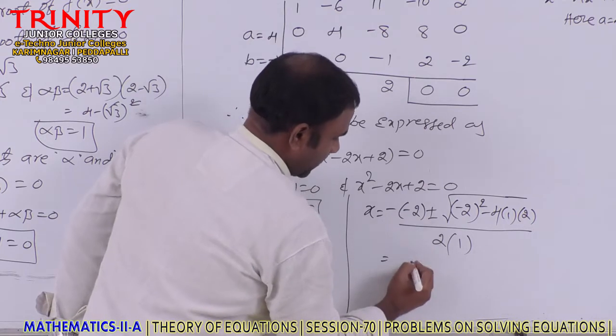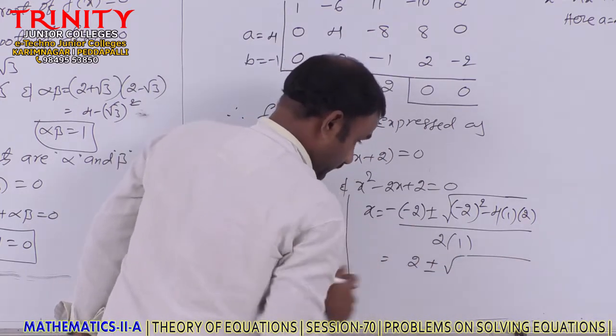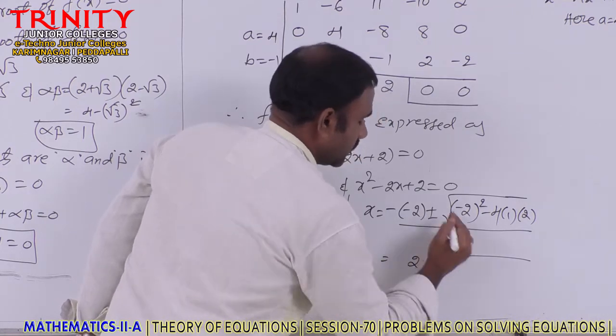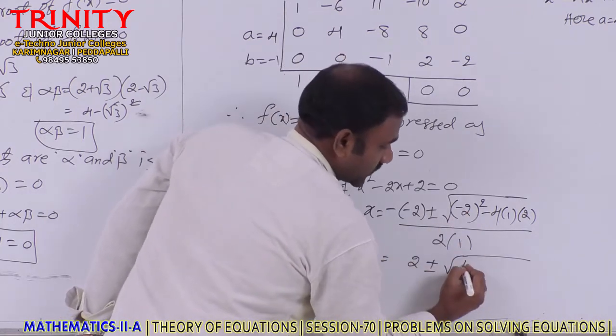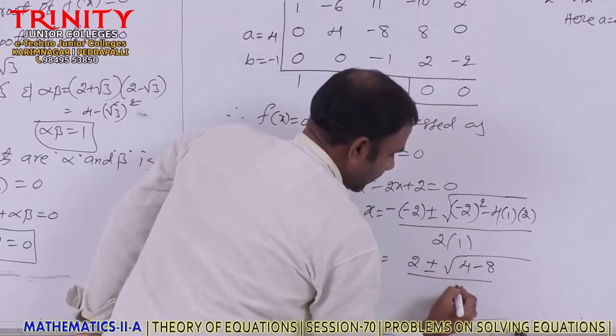Okay, minus of minus is plus 2, plus or minus under root minus 2 whole square, that is 4 minus 8, all divided by 2.